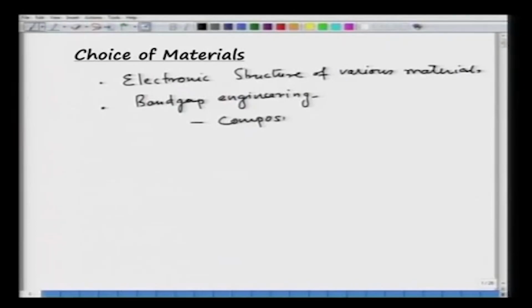So, composition is one way of changing band gap. The other one would be through strain or lattice mismatching. Yet another technique that is available to us for changing band gap is the quantum well structure.